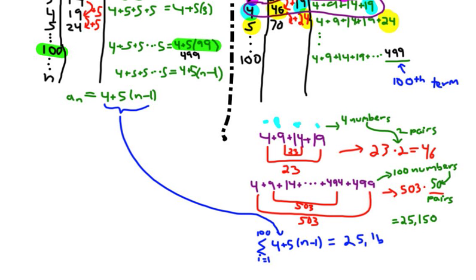So the sum from 1 to 100 of the sequence 4 plus 5 times (n minus 1) is 25,150, which we just found. That's the sum of the first 100 terms of that arithmetic sequence. And that's it. We're done.